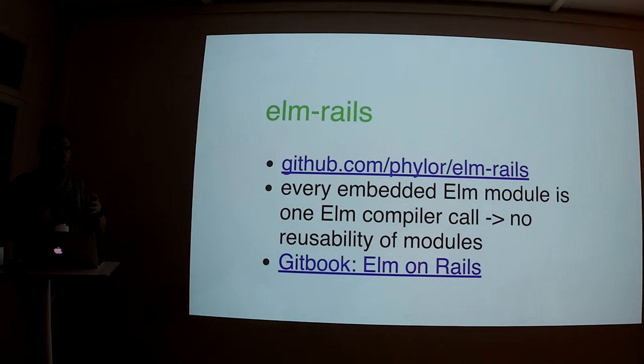Because the Rails asset pipeline puts all those files together in the end, you cannot use the same module in different embedded modules, because then you get a name clash. When you call the Elm compiler, Elm thinks it's the only one here and puts everything into the window variable, all the modules. If you do another Elm compiler call and try to use those two JavaScripts in the same HTML page, that won't work.